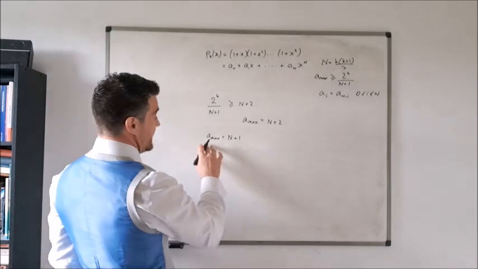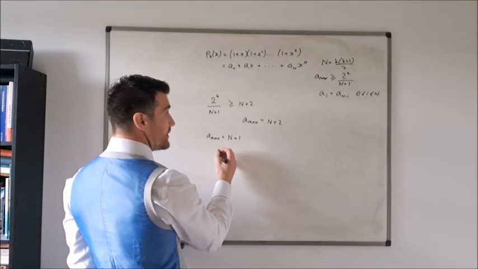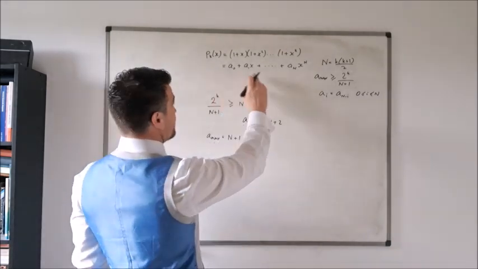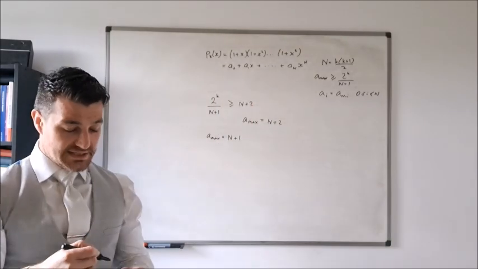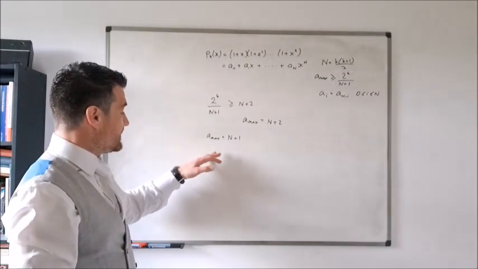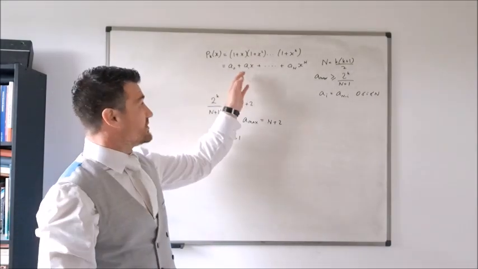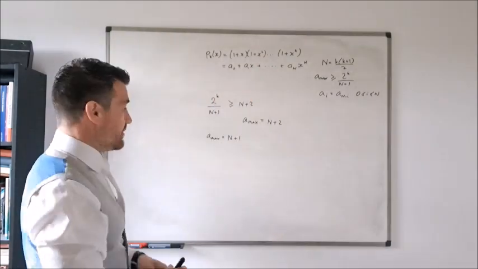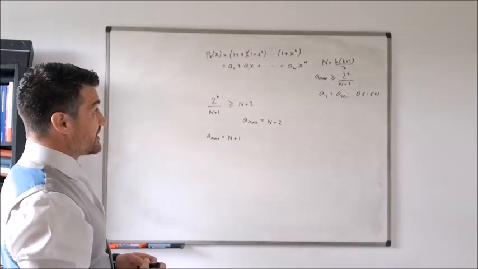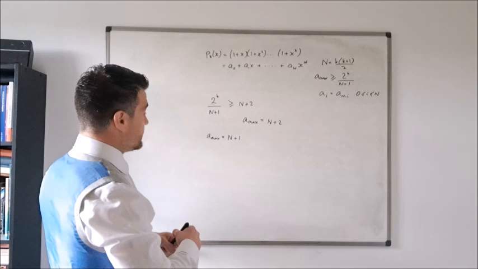Well, in that case, if a max is equal to n plus 1, then all of the numbers can be accounted for, but each integer between 1, 2, up to a max inclusive, must be represented once and exactly once amongst these coefficients. In other words, the sum of the coefficients is going to be the sum.